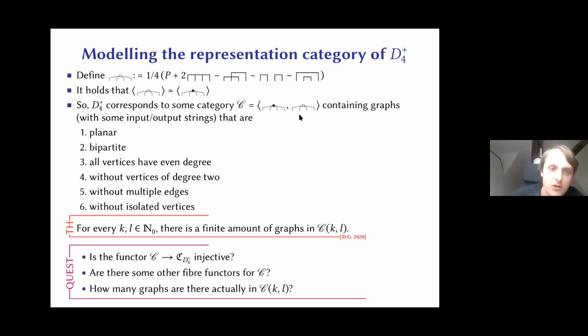And why is it more convenient? That's because it actually holds that this white four-block generates a category that is isomorphic to the category generated by this black four-block, by the normal four-block.